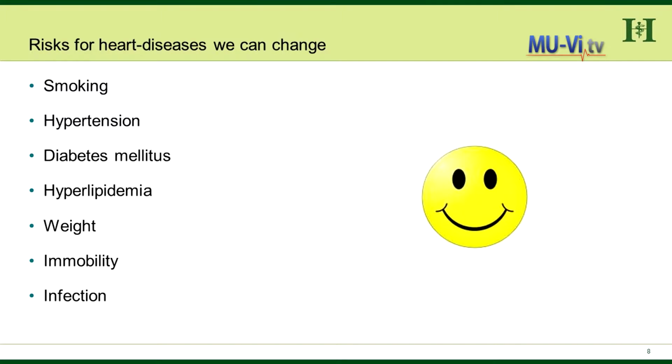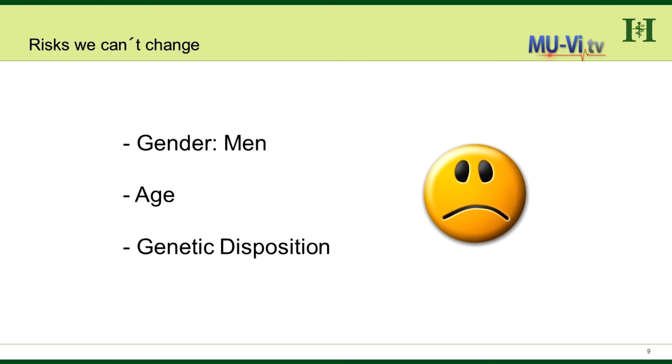Hyperlipidemia. The weight, immobility, infection, for example, for cardiomyopathy, and the other risks we can't change are, first of all, your gender. If you are a man and you go to a urologist and you want to become a woman, it doesn't help.